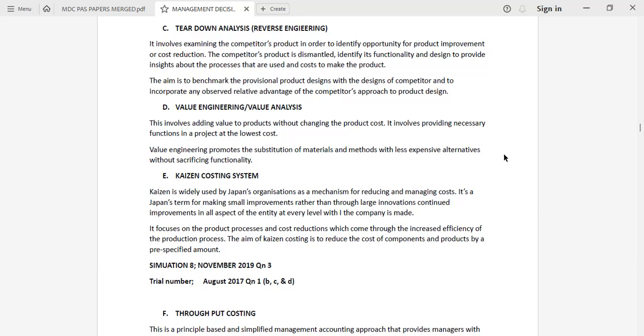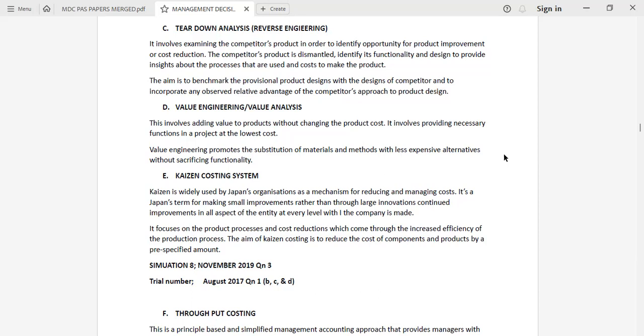So without wasting more time, let's look at the tier down analysis, or what we call the reverse engineering. The reverse engineering or the tier down analysis involves examining the competitor's product in order to identify opportunities for product improvement or cost reduction.